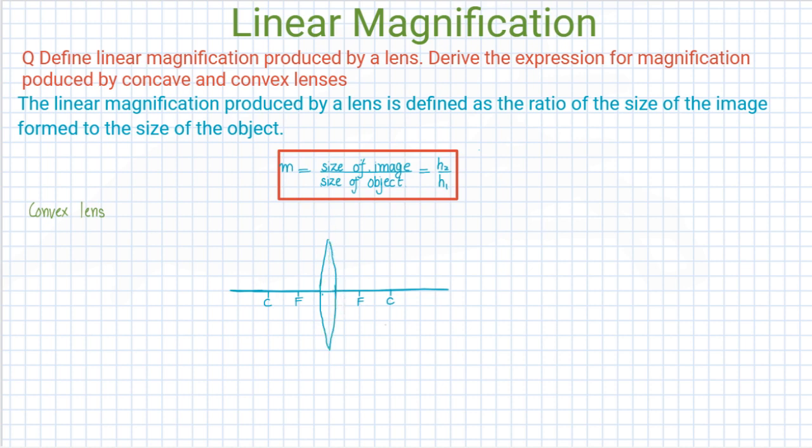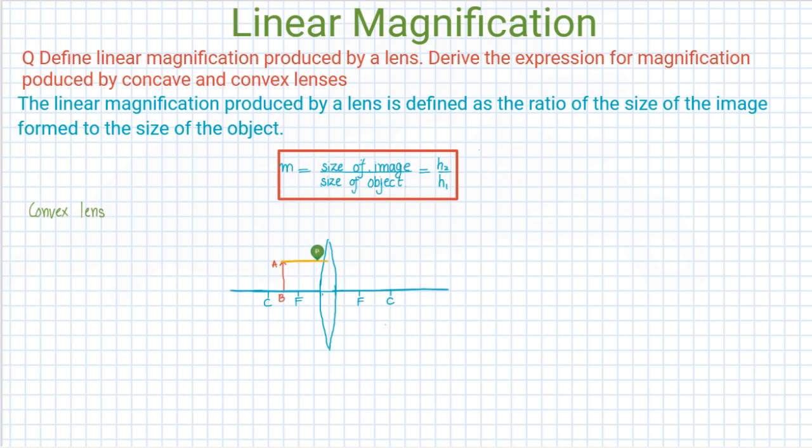Now consider an object AB placed between the focus and the center of curvature. Let us consider a first ray which starts from point A. This ray moves parallel to the principal axis.